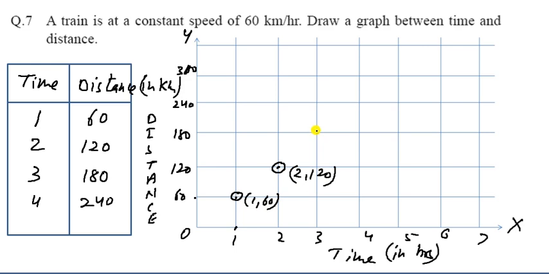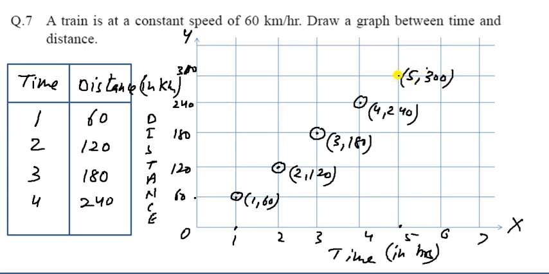Let us see the first point, 60 kilometers. So you have to write here 1 and 60. In the second, you have to write 2 and 120. And the next one is the third, the number is 180 kilometers.